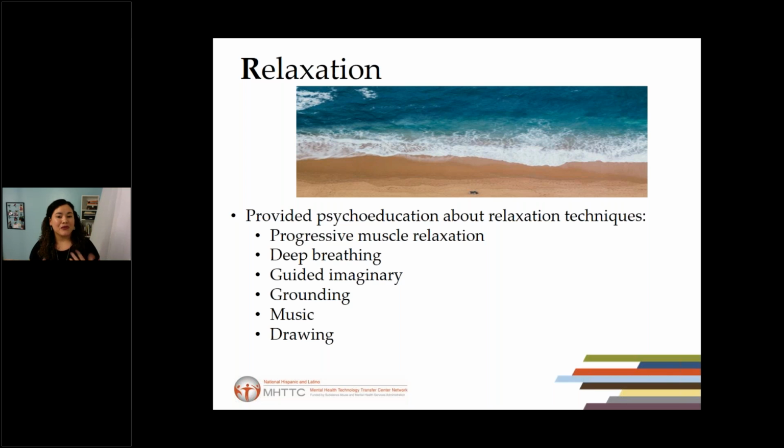So that's another technique you can use. Grounding exercises using the 5 senses is the one that I usually use. Put on some music or drawing. I encourage you to check and explore what the kids love, right? And when you know through the psychoeducation what they love to do, then you can incorporate that into the delivery of the relaxation technique.